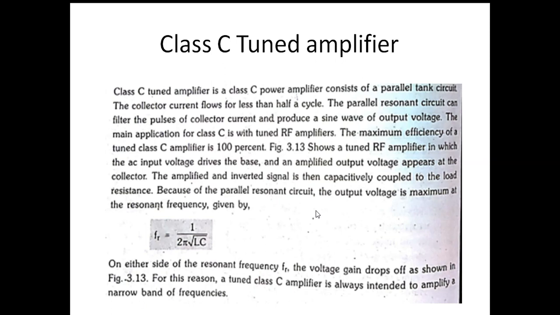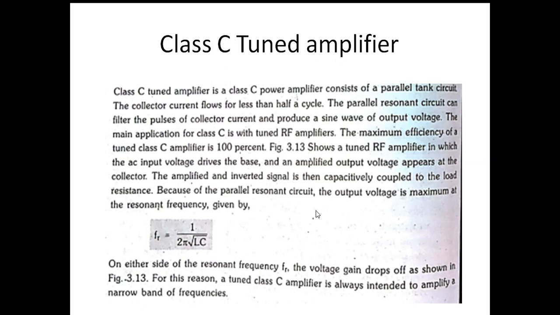The main application for class C is with tuned RF amplifiers. Okay, it is used in tuned RF amplifier circuits. The maximum efficiency of tuned class C amplifier is greater than 75%, of course, up to 100%.